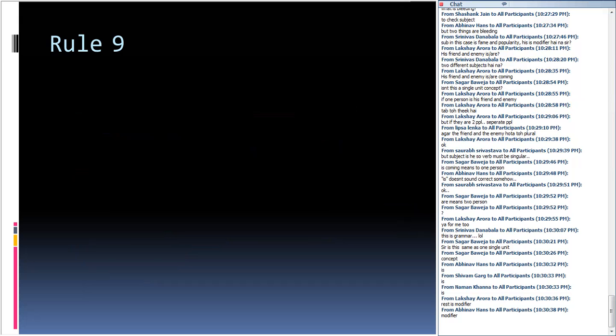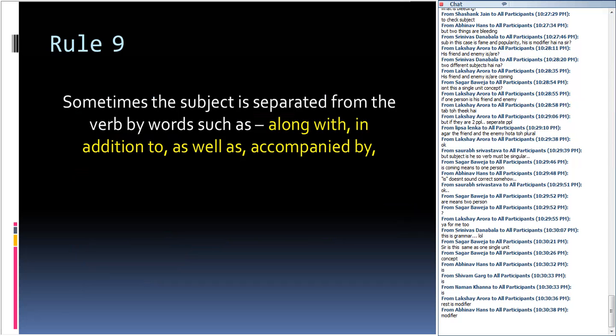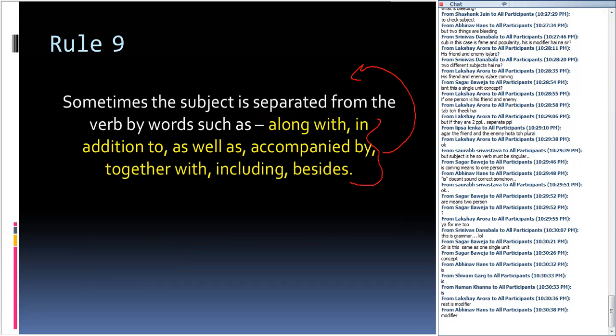Rule number 8 के बाद we'll come to rule number 9. Rule number 9. Sometimes his subject is separated from the verb by words such as along with, in addition to, as well as, accompanied by, together with, including, besides. ये जो words हैं ना, इनके लिए एक term है.